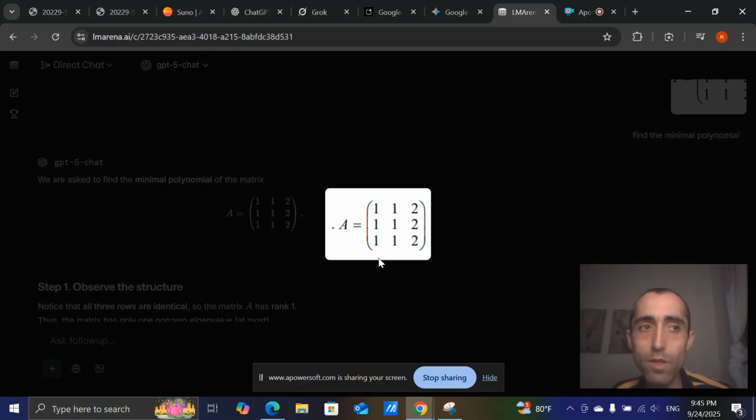So the kernel has dimension 2, and there is an eigenvalue which equals 0 and its multiplicity is 2, algebraic and geometric multiplicity. And I have another eigenvalue.